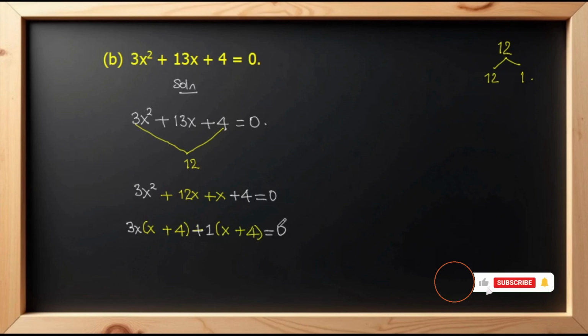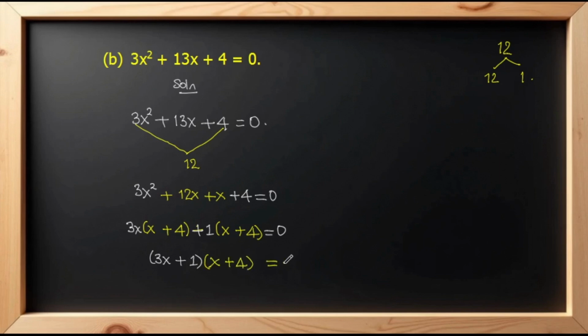So here we can also collect out the coefficient of this yellow bracket, and that is 3x plus 1, and then we take one of this bracket that is identical to each other, and we have here 4 plus x, or x plus 4 give us 0.